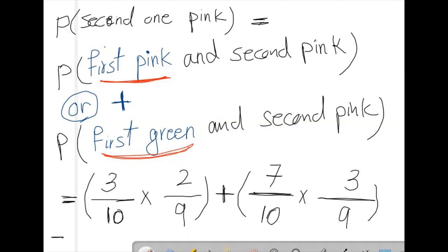So the answer is 6 plus 21, 27 divided by 90.